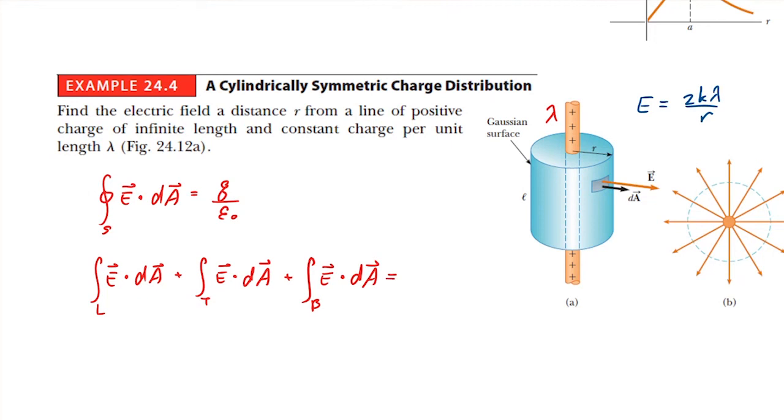So far with me? While we are at it, somebody tell me what the total charge inside the surface is. Is it lambda times L? Density times length gives you the total charge? Because only the one that is inside counts, right? So the total charge in here, that is lambda L, isn't it?